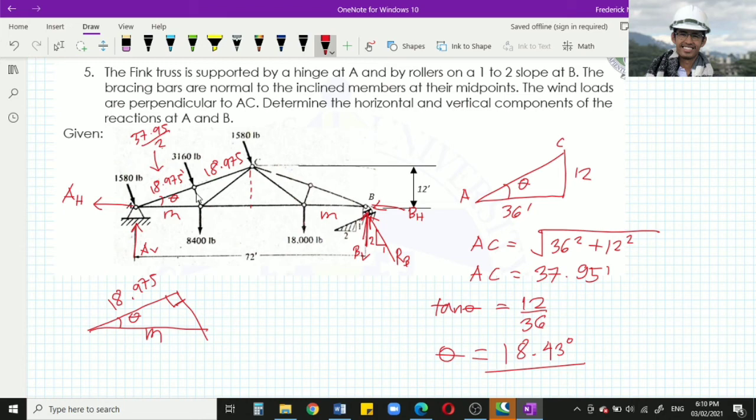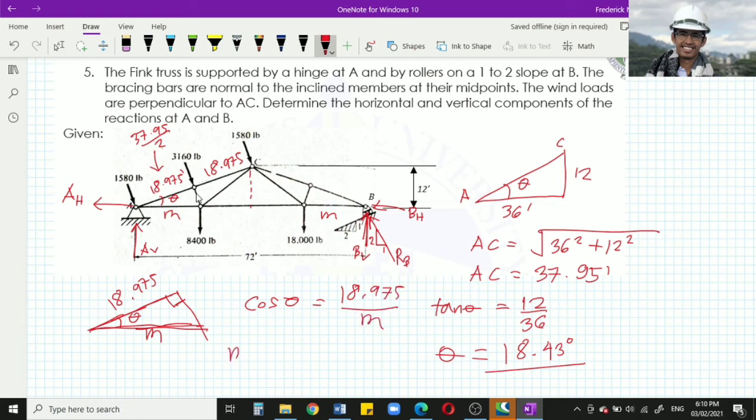Cosine theta is equal to adjacent over hypotenuse. Itong M natin, ito yung magiging hypotenuse niya. Adjacent, this will be 18.975. So cosine theta is equal to 18.975 over M. Okay?